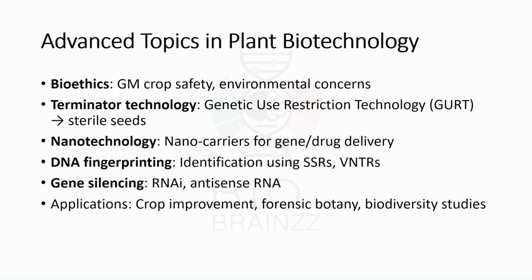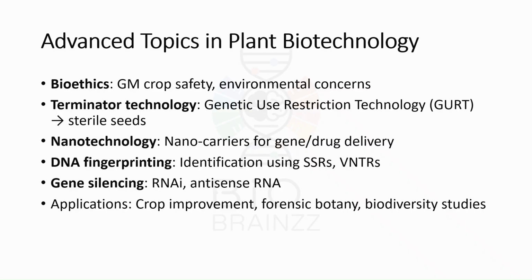Terminator technology, also known as genetic use restriction technology, produces sterile seeds, raising both economic and ethical debates. Nanotechnology involves the use of nanocarriers for efficient gene or drug delivery, improving precision and reducing damage to plant tissues.